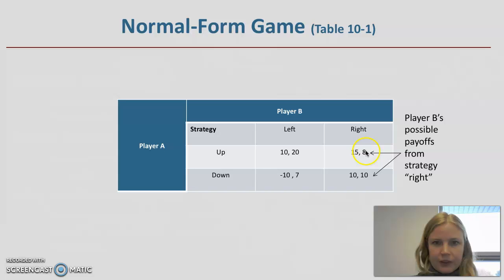If it chooses right, it's going to get 8 or 10. So it might think, well, what's the worst case scenario for me? And the worst case scenario is, let's see here, yeah, player A chooses down. I get very confused about this.